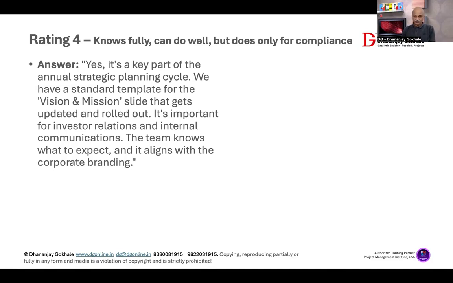So this person knows that, and it gets updated, rolled out. He is well versed in various methodologies for crafting the vision and everything. It is important for investor relations. It is important for internal communications. Team knows what to expect and it aligns with the corporate branding. So this person knows fully, can do well, but she is doing it only for compliance.